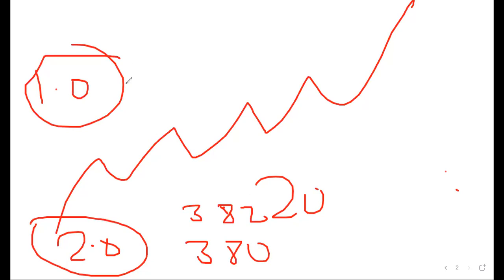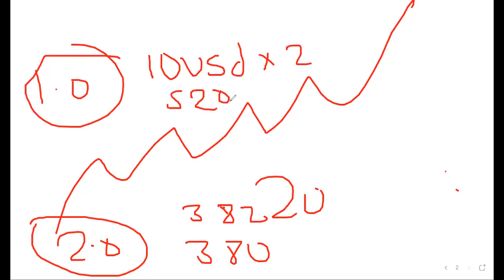So if the volume you're buying is 1 standard lot, which represents 10 USD per pip, and you're being charged 2 pips, it means that you're going to be charged 10 times 2, which is 20. Right? Is it clear? Yes.